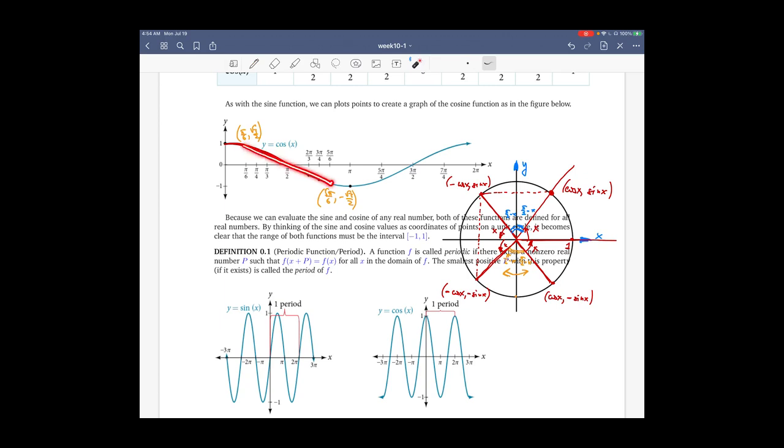What does that mean? It means two things. This point is symmetric to this point about the point pi over 2. That means two things.